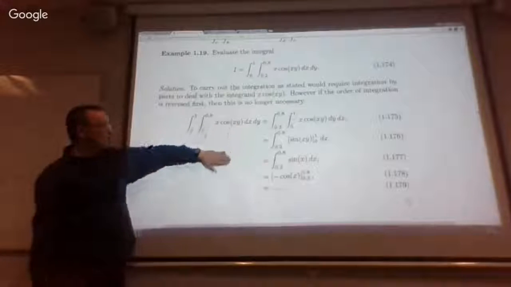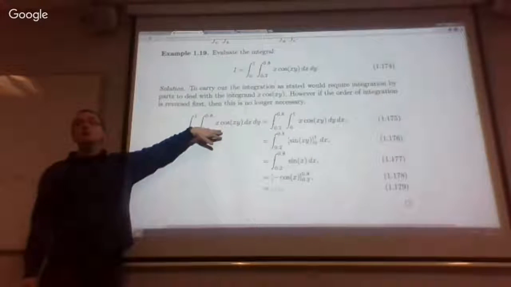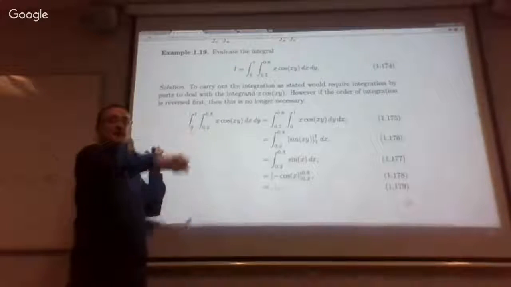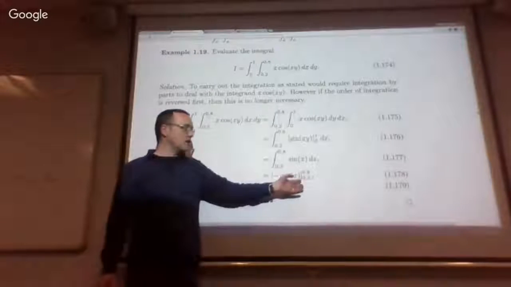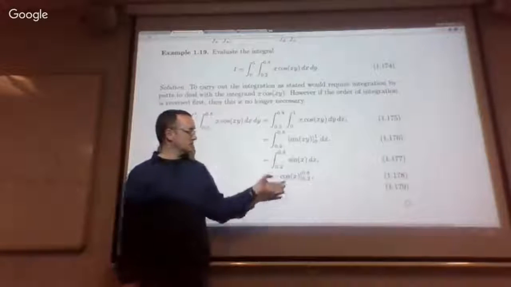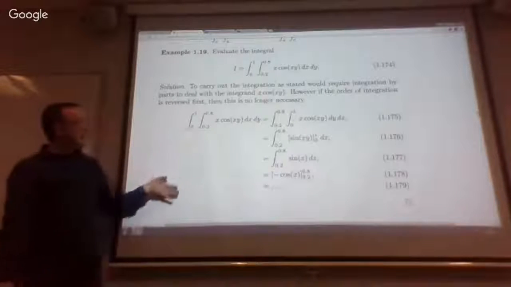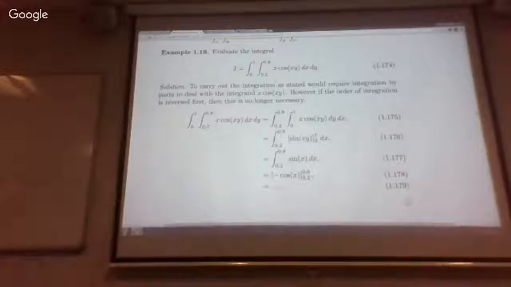Whereas pushing forward with the order described here on the left would require first using integration by parts. You'd have a longer route. If you pushed it through, of course, it would eventually come to whatever this is, cosine of 0.2 minus cosine of 0.8. But there's a much smoother route to it here compared to the original order.